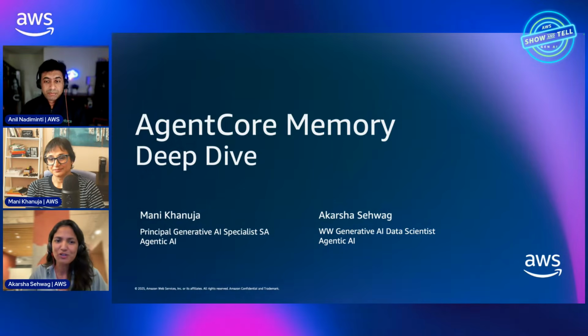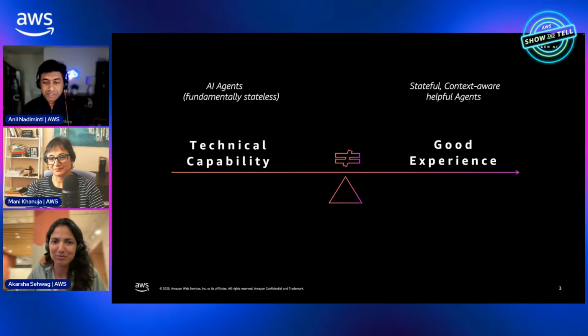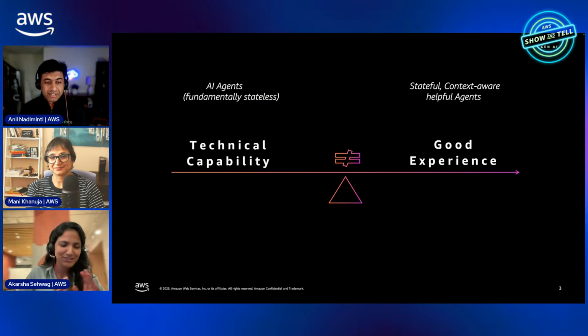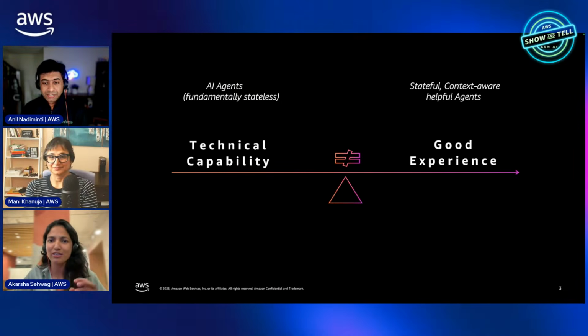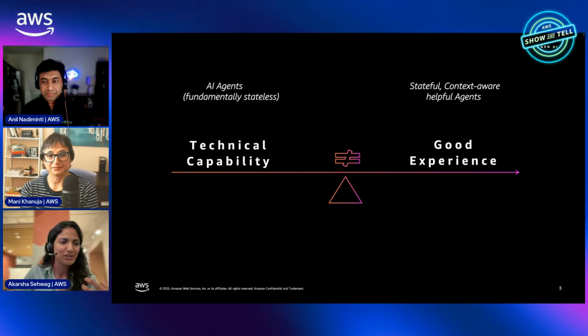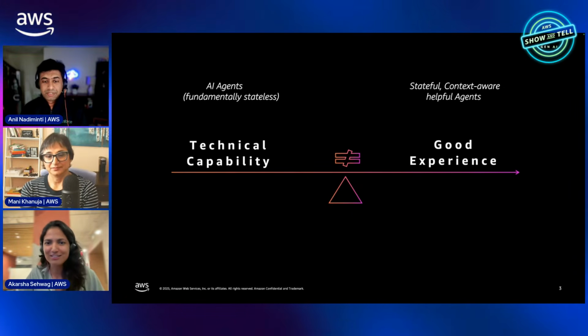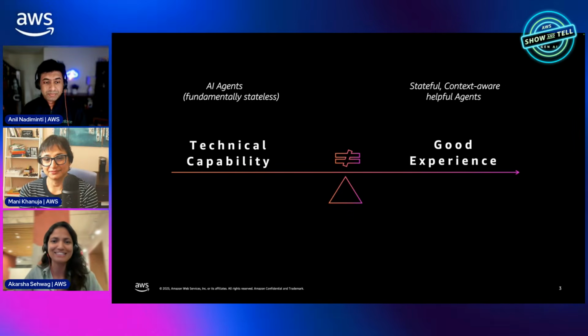So, first of all, before we go into that, why are we talking about this at the moment? Because till 2025, till today, we have focused on creating technically amazing agents, providing them with a lot of tools, with a lot of capabilities. However good agents are in giving human-like responses, they are fundamentally stateless.